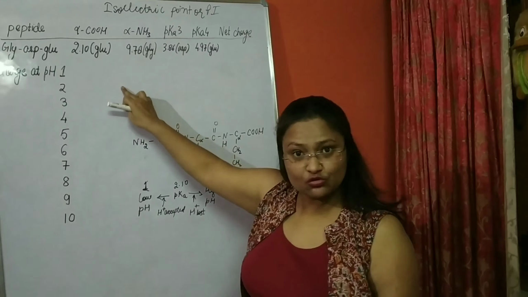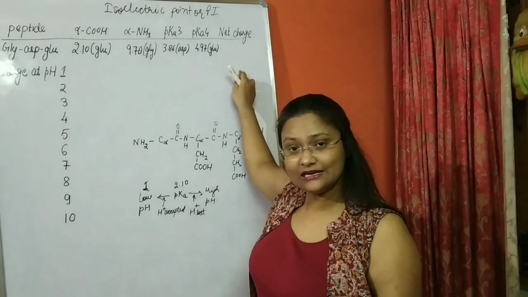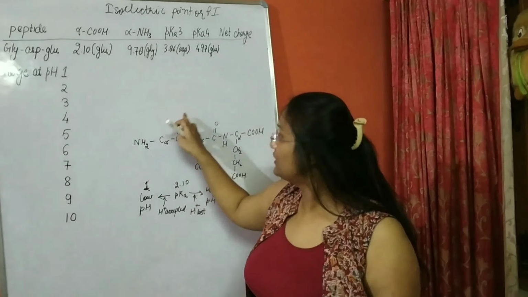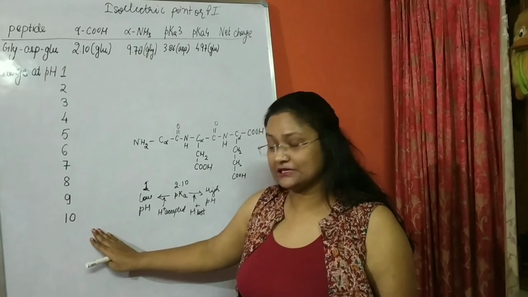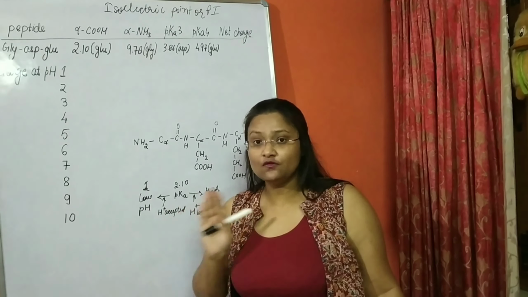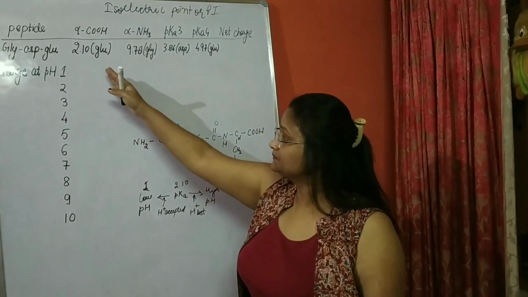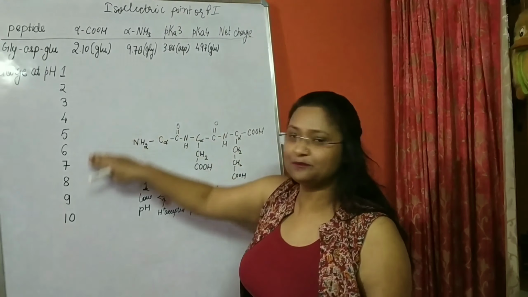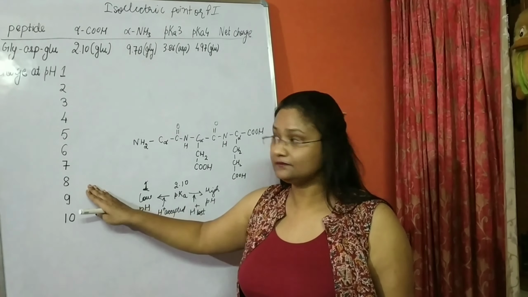Then at pH 2, we will find out the net charge at pH 2. Then pH 3, pH 4, the net charge at all these pH. Then we will find out at which pH exactly the net charge is 0.